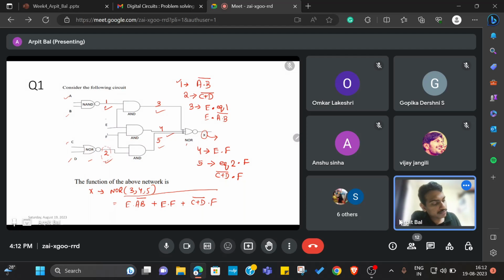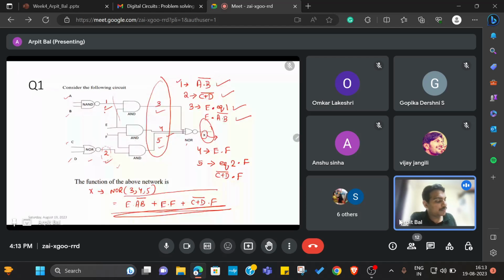I tried to figure out the respective equations at those particular nodes. Then, after resolving one level, I went to the next level and figured out the equation for those nodes. Then we proceeded to the last level and figured out the equation for the last node.